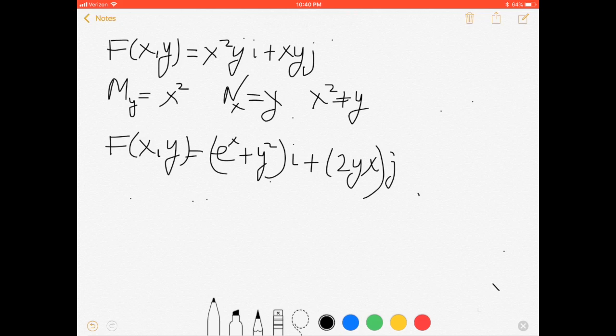M here is e to the power x plus y squared. Its partial derivative with respect to y will be 2y. N is 2yx. Its partial derivative with respect to x will be 2y. And so this vector field is conservative.